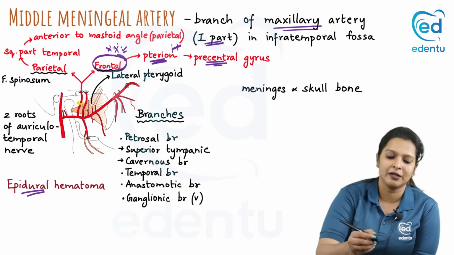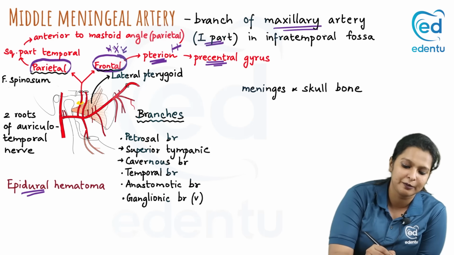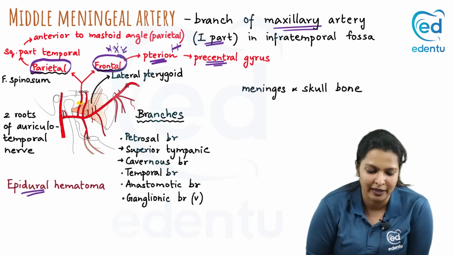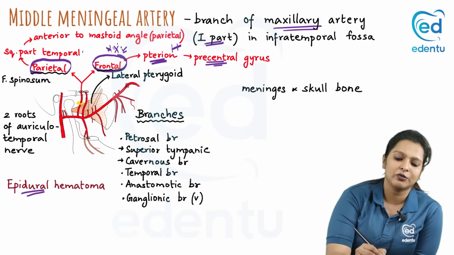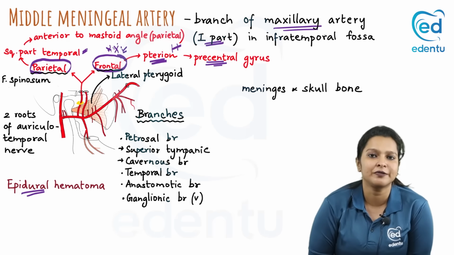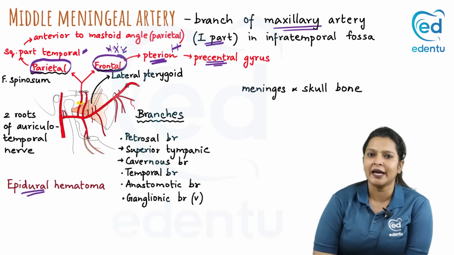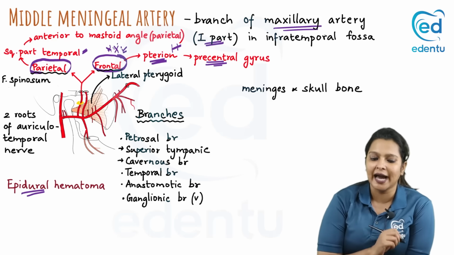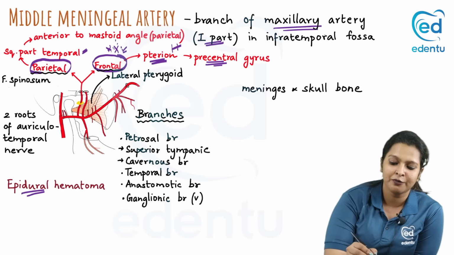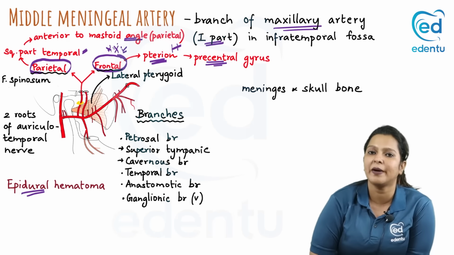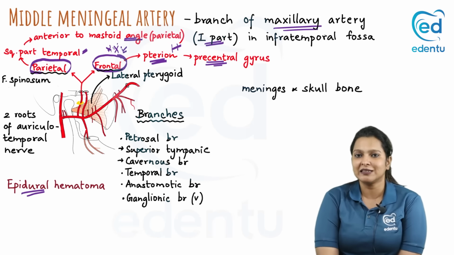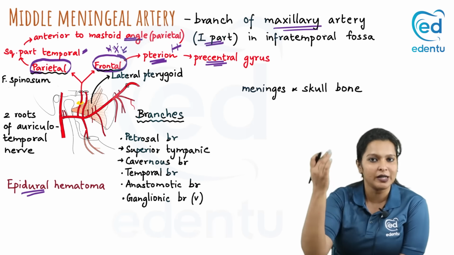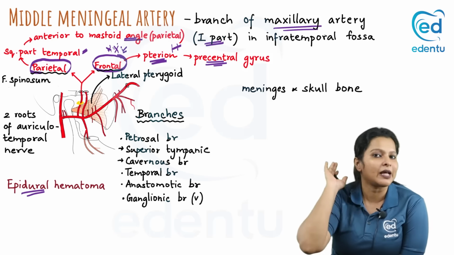The second terminal branch is called the posterior branch or parietal branch. This part is related to the squamous part of the temporal bone. From there, it approaches towards the anterior aspect of the mastoid angle of the parietal bone. In the skull, we have the frontal, parietal, temporal and occipital bones.